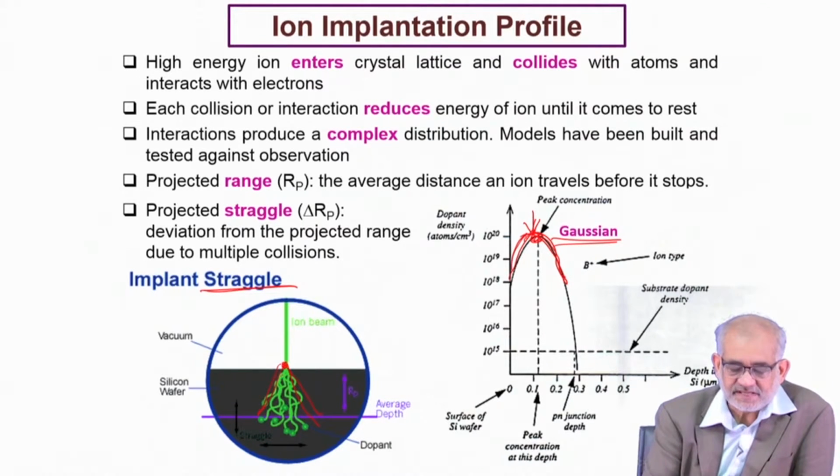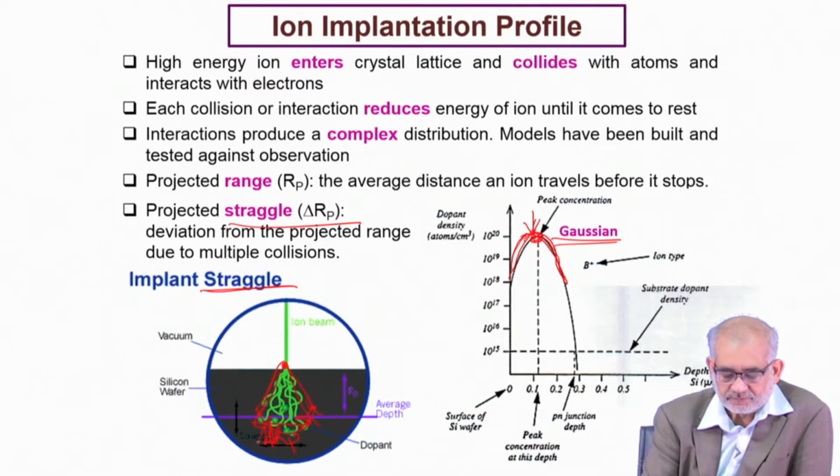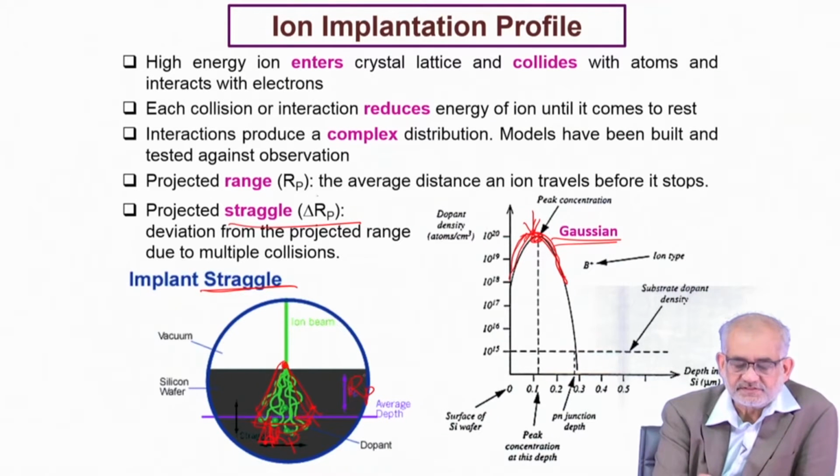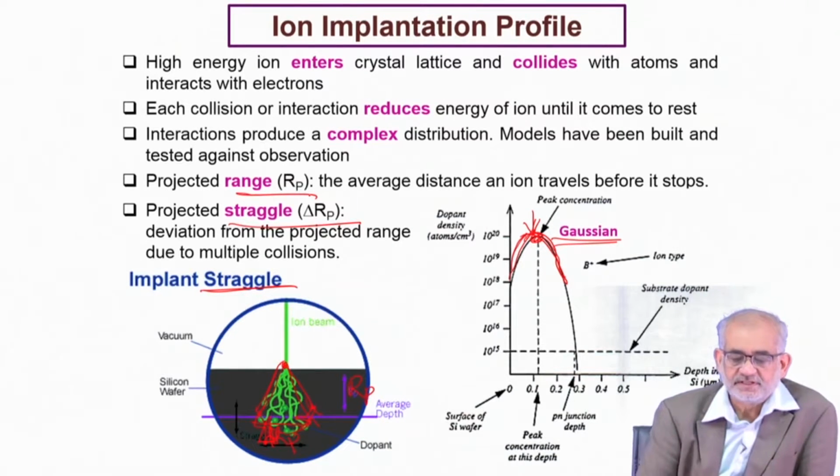And this happens purely because of these multiple collision events, or so-called cascading effect. And then the concentration of the ions will be confined typically in this region. So this is the delta Rp. This is the so-called delta Rp. And this is Rp, the projected range.